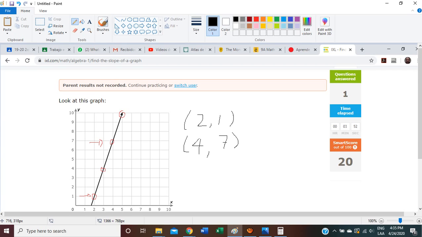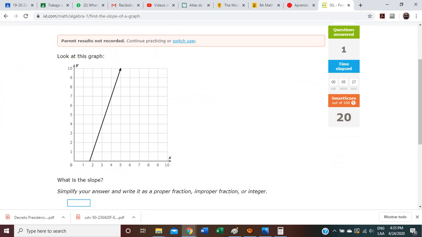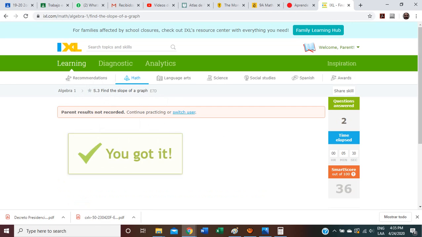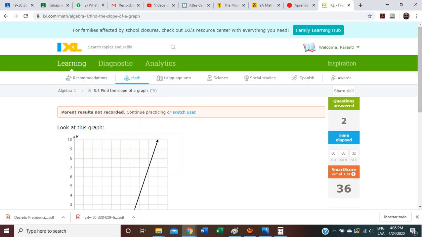I substitute in the formula. 7 minus 1 equals 6, divided by 4 minus 2 equals 2. So I can simplify this by saying 3, or just whole 3. Okay, and this is going to be the answer. 3. You got it.